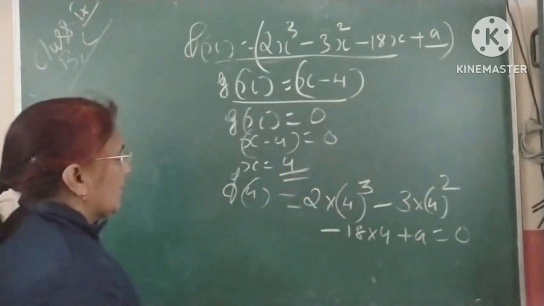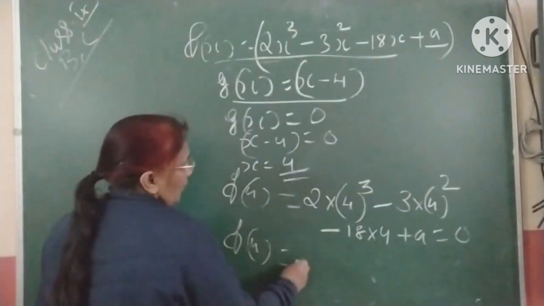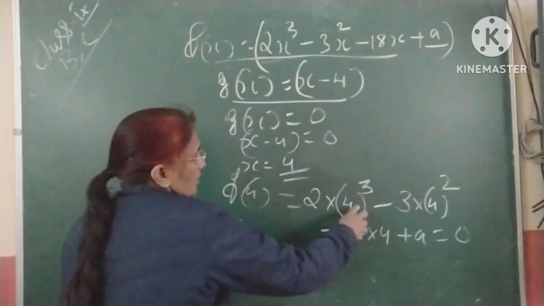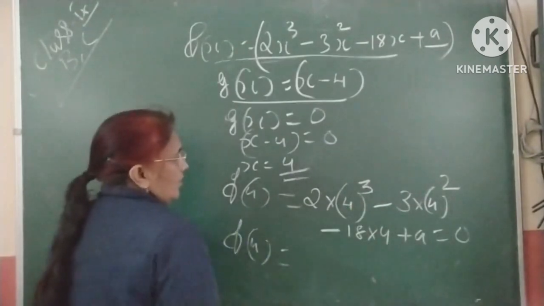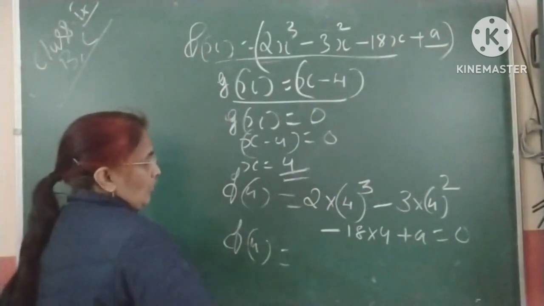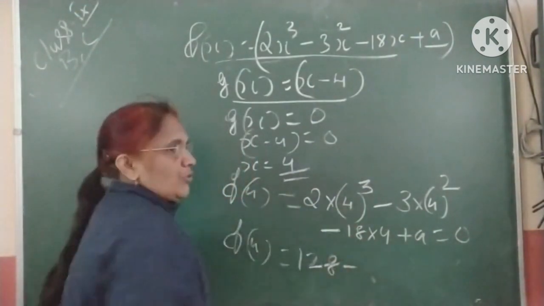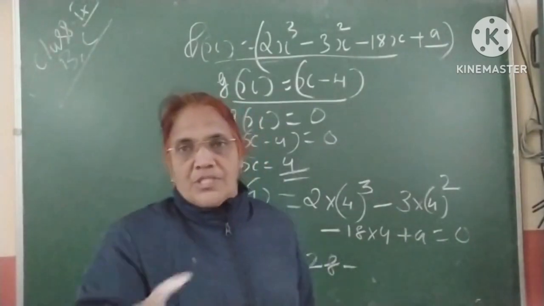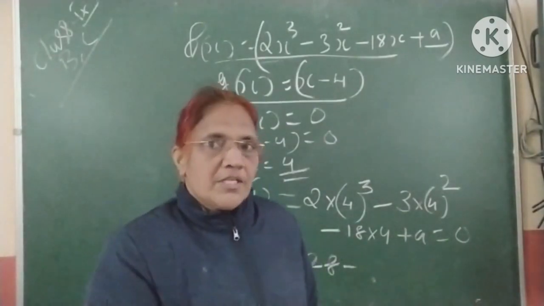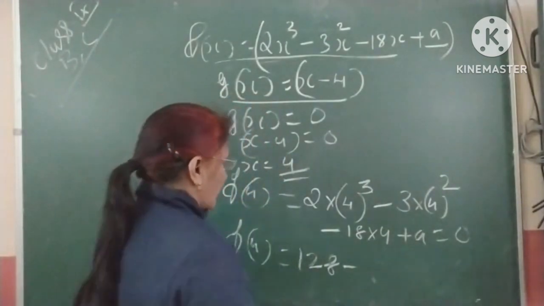Okay. Then f of 4 equal to, 4 into 4 is 16, 16 into 4 is 64, 64 into 2 is 128.